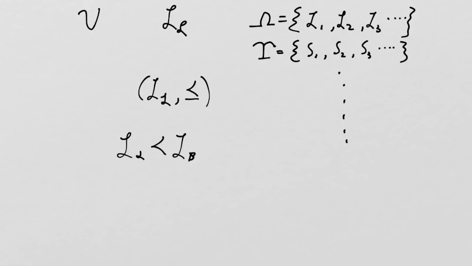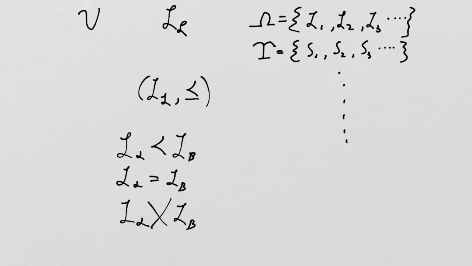Either L alpha is less than L beta, L alpha equals L beta if they're the same set, or you cannot compare them. L alpha and L beta can't be compared at all. A partial ordering allows for this last possibility, that not every element of the set can be compared with every other element, but every element can always be compared with itself.